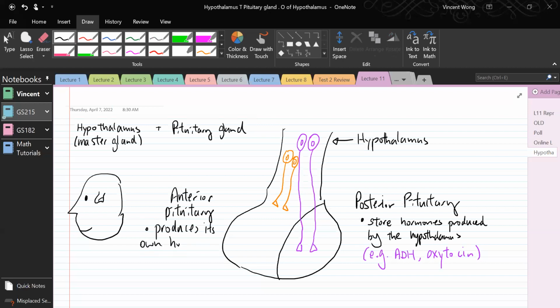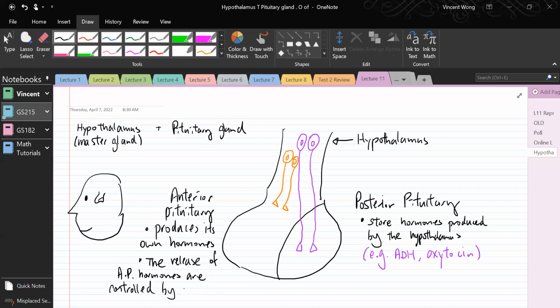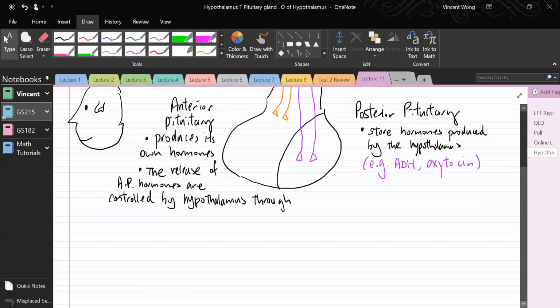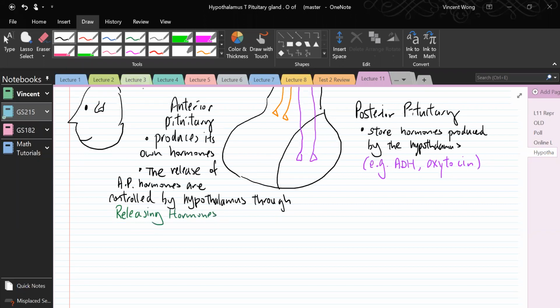The release of anterior pituitary hormones are controlled by the hypothalamus through releasing hormones and inhibiting hormones.